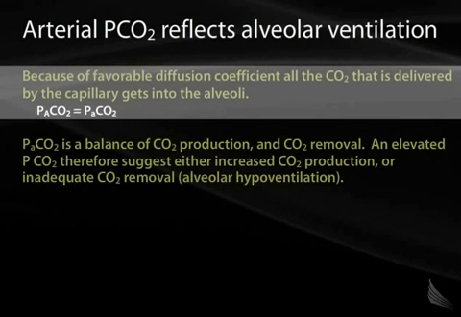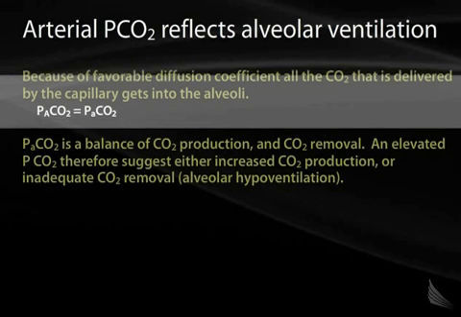Arterial PCO2, or P-little-a-CO2, directly reflects alveolar ventilation. Remember, carbon dioxide diffuses very well from the capillary into the alveoli, so that whatever the arterial CO2 is going to equal the alveolar CO2.